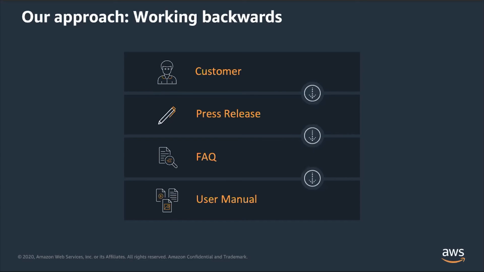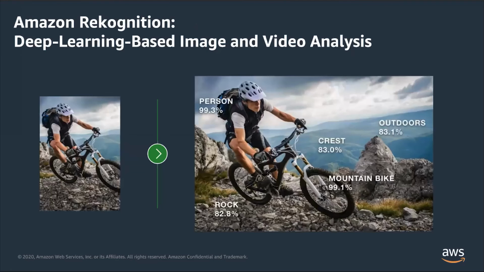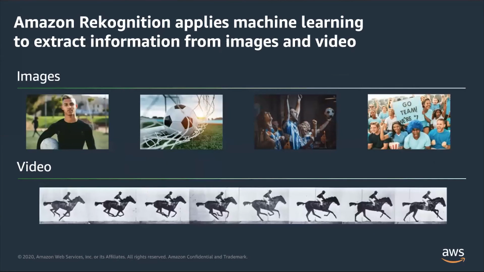So on that note, let's talk a little bit about Amazon Recognition, which is a service that we developed to do deep learning based image and video analysis. So what you can do with Amazon Recognition is you can feed it video, and it will apply machine learning and extract information from those images and video. So it will identify people, it will identify objects, it will identify activities.